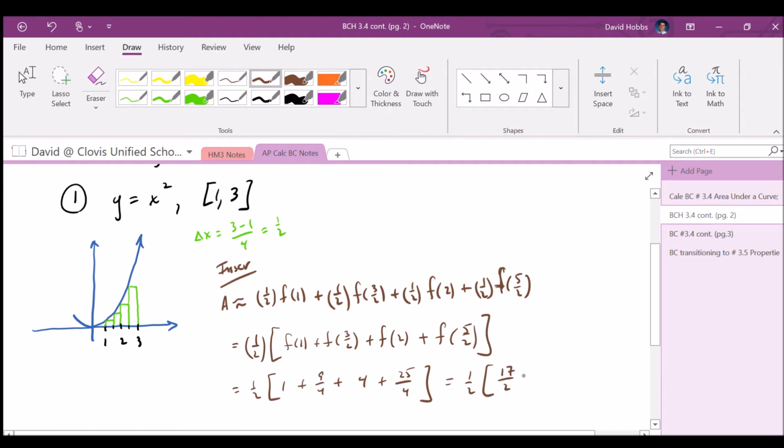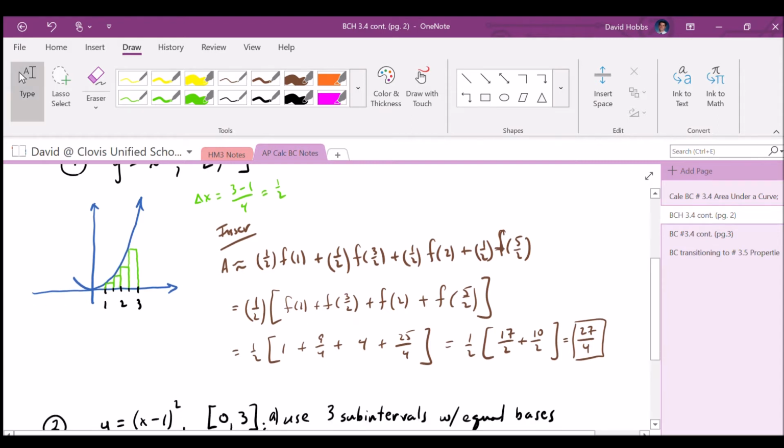And 1 plus 4 is 5, but let's get them talking the same language, so that's 10/2. So this is 27/2 on the inside times 1/2, which is 27/4. And so there is the inscribed area. Now, it's always an underestimate.